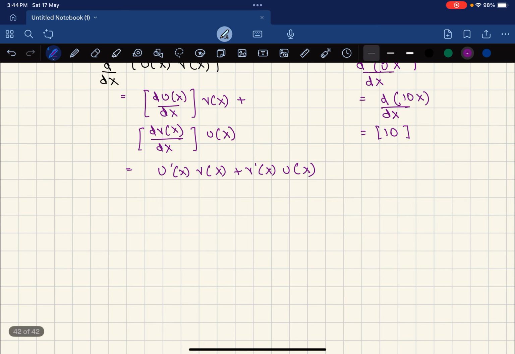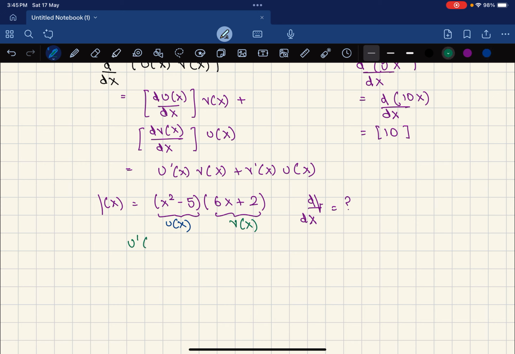So for example, now let us take an example of f(x) equals x square minus 5 multiplied by 6x plus 2. Now let us say we need to find the derivative of this particular function. So df upon dx we need to find here. So what we do, we take this as u(x) and we take this particular function as v(x).